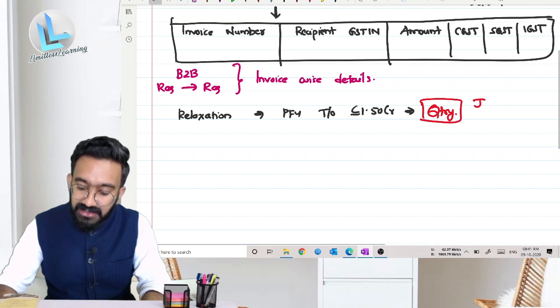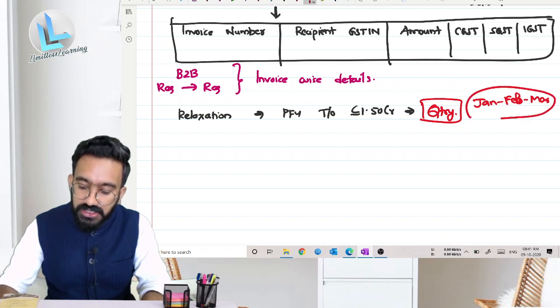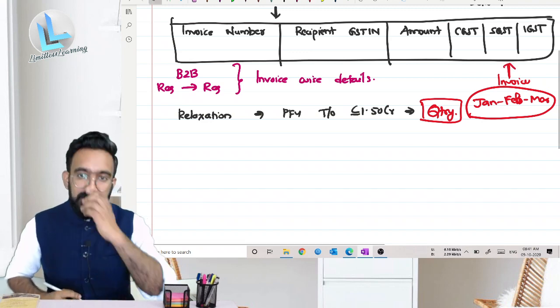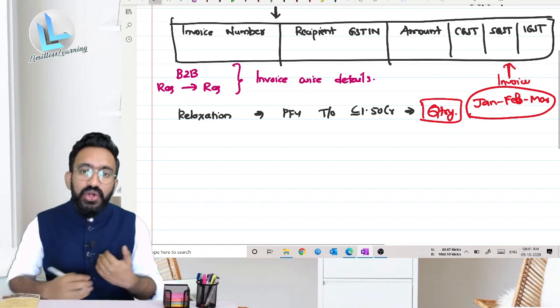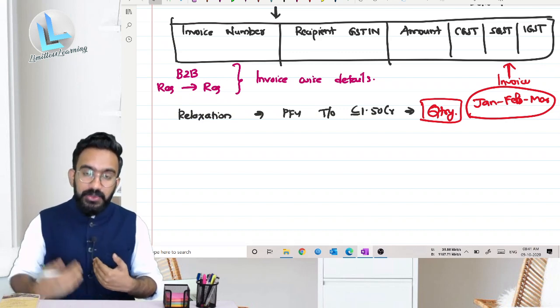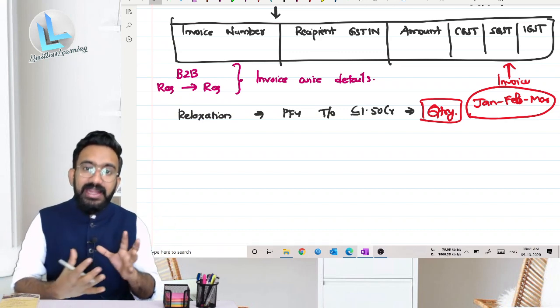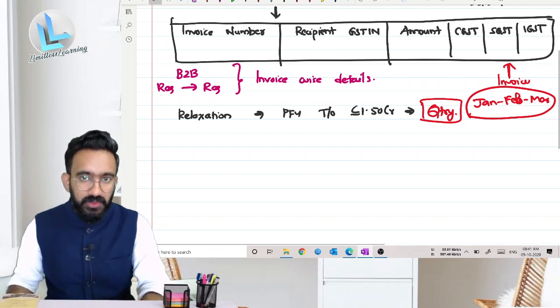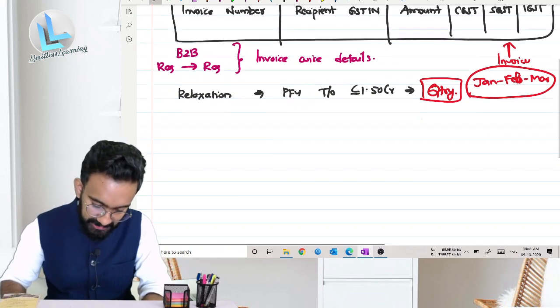Which means Jan, Feb, March, all these invoices together you can upload in the next month. I need not submit January invoices, February invoices, March invoices separately. I'll consolidate this and then upload it in one GSTR1. You guys with me on this? Okay, so this provision is there.